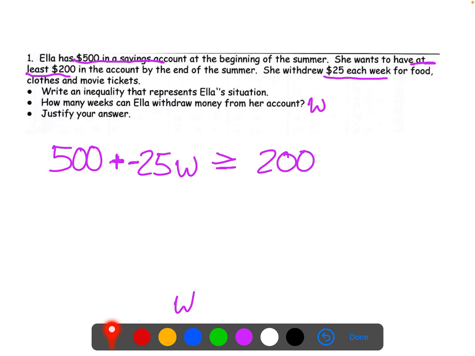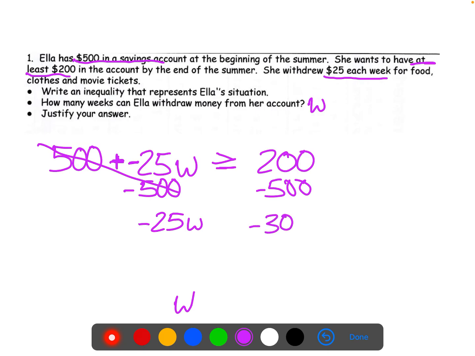So what we're actually going to do, for the inverse operation, is subtract 500 from each side of our inequality. That will cancel this part out and leave us with now negative 25W, and 200 minus 500 is negative 300. Okay, our next step, get rid of this times negative 25 here. So we'll divide by negative 25.